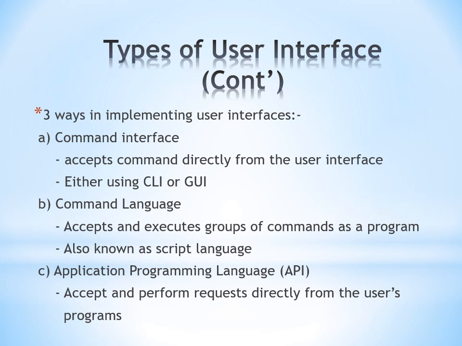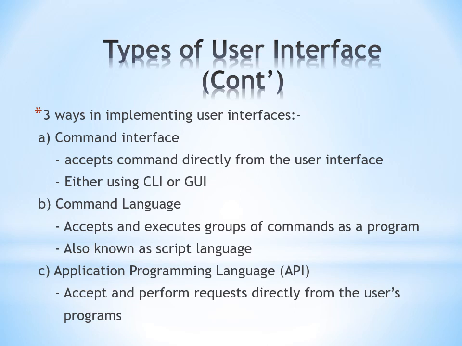So there are three ways the user interface can be implemented. The first one is a command interface, which accepts commands directly from the user. For example, a command line interface or a graphic user interface. The second way is a command language.